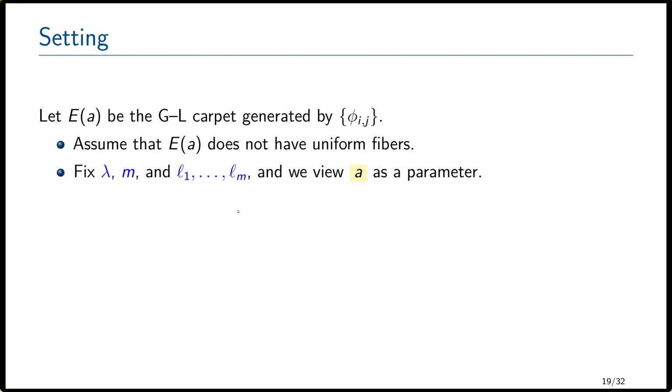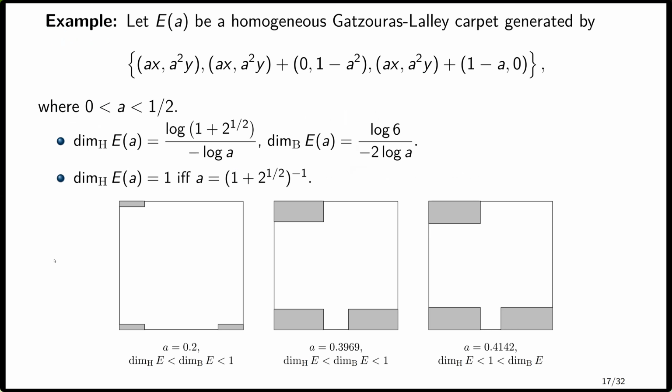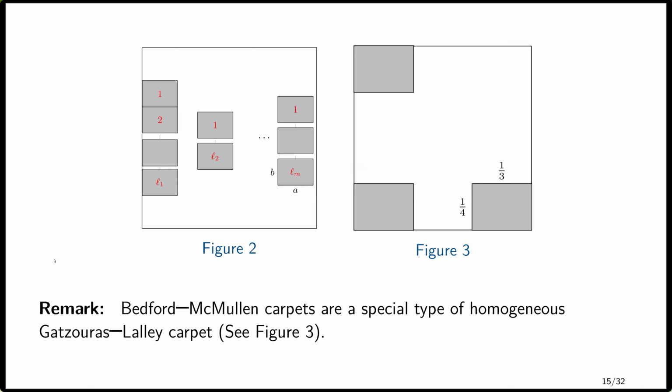Lambda is the ratio of the small rectangles, log b divided by log a. And m, which is how many columns we have, and L_1, ..., L_m. Okay, I'd like to refer to the graph we had before. Yes, here we fix lambda, that is log b divided by log a, we fix the ratio. And then we fix L_1, we fix m, that is we have m columns.